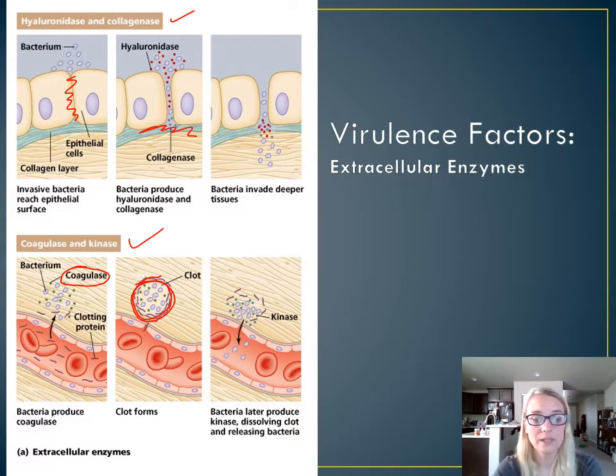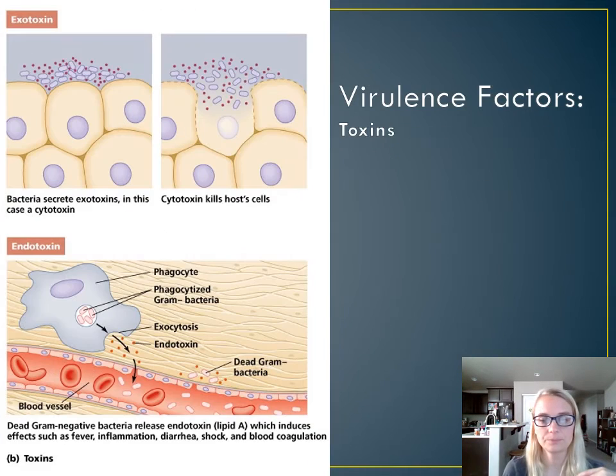No, because it's totally hidden now, and it can take in this little clot and it can replicate and maybe increase its numbers, produce other enzymes. And then when it's ready to release itself deeper into your tissues, it takes this enzyme called kinase, breaks down the clot, breaks down this fibrin clot, releasing the bacteria deeper into your tissues or even into your bloodstream. So those are called extracellular enzymes, can be used to make bacteria virulent, allowing them to cause disease.